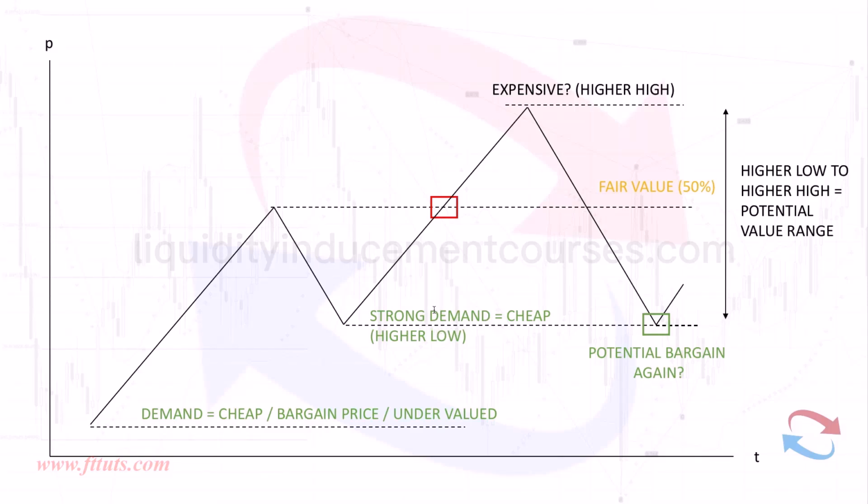And again, just understanding the psychology of why this would potentially be a strong area of demand, and why we would want to buy again in the future, is because traders, the smart money, saw this as an area of value in the recent past.